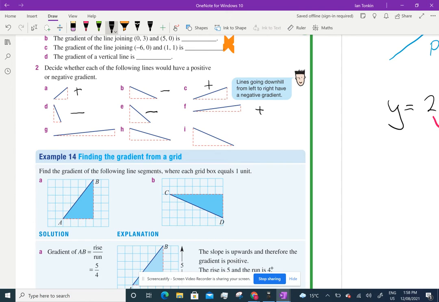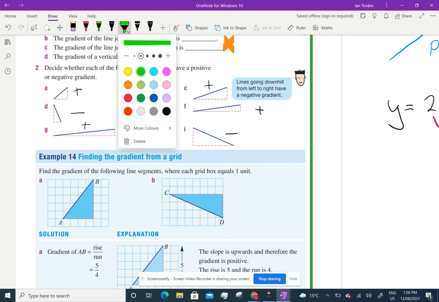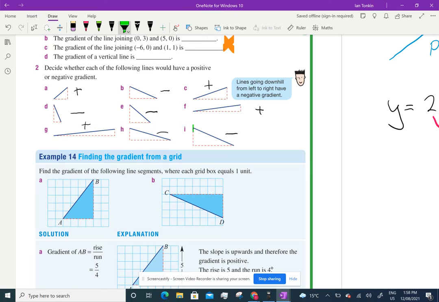This one's even less, it's still a positive gradient. This one's going down, negative. This one's going down, negative. All right, and we always look at them going from left to right. So when you're looking at these, make sure you remember, from left to right, going down is negative, and from left to right, going up is positive. Okay.